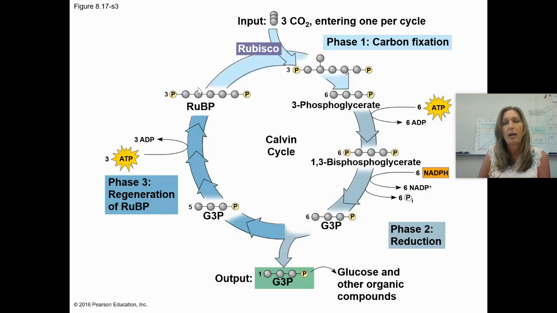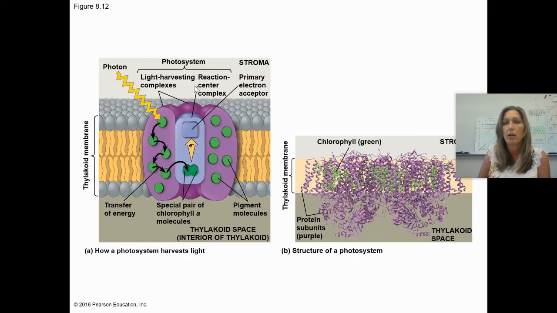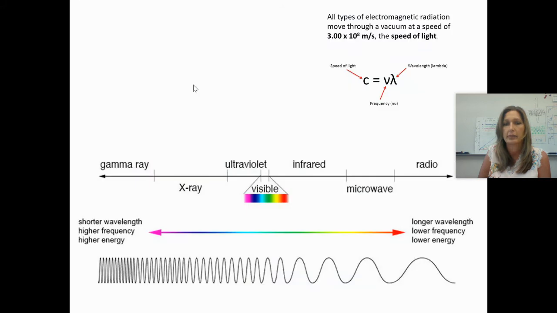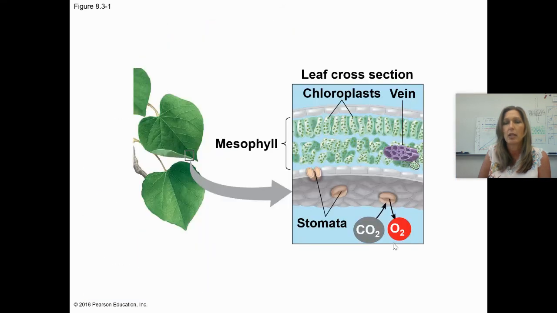Now, we talked about the fact that we have these things in our leaves called stomata. So your stomata are these little mouths of the leaves that allow for carbon dioxide in for the Calvin cycle, oxygen out, that's a waste product of the light reaction, but this is also where water leaves the plant through transpiration.